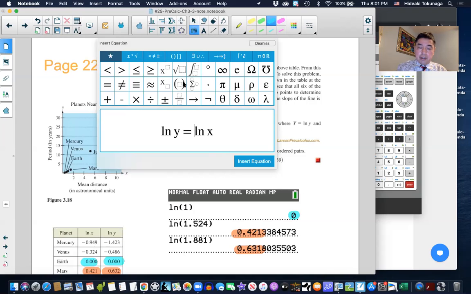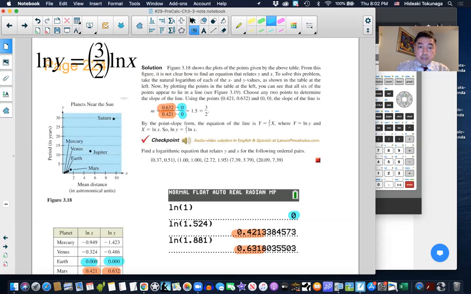So I put 3 over 2, which is 1.5, and erase this part. Okay, this is the final answer for example 7.